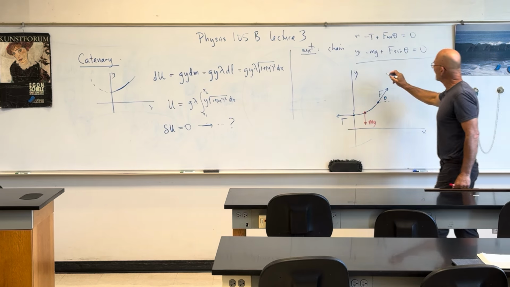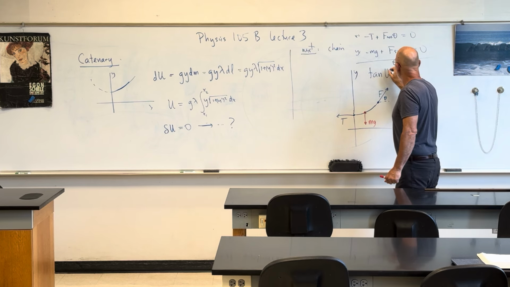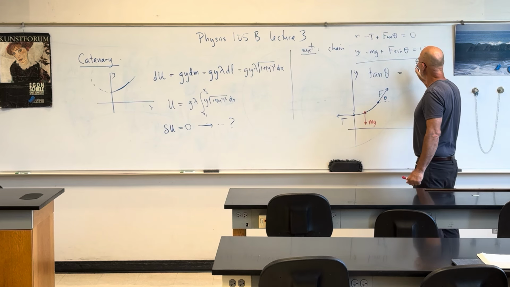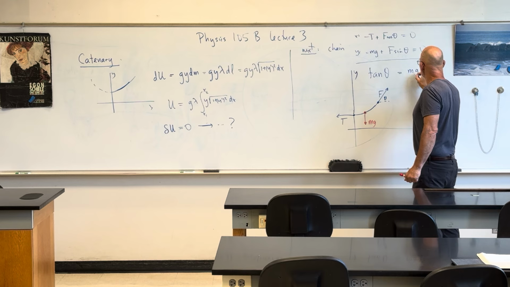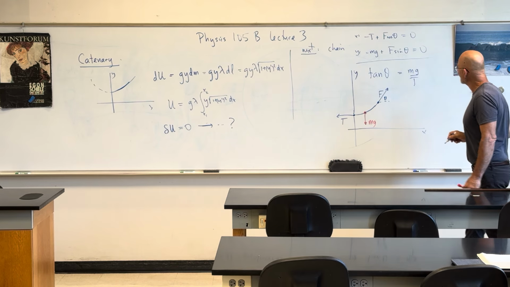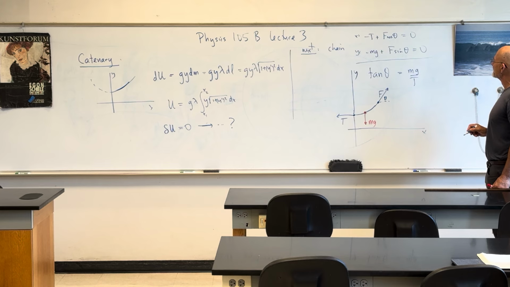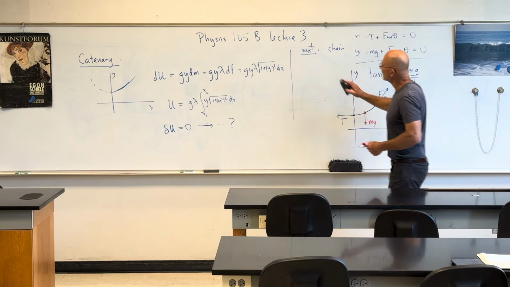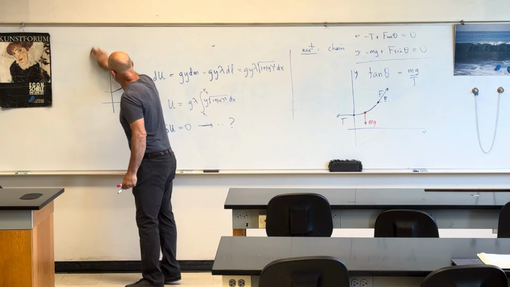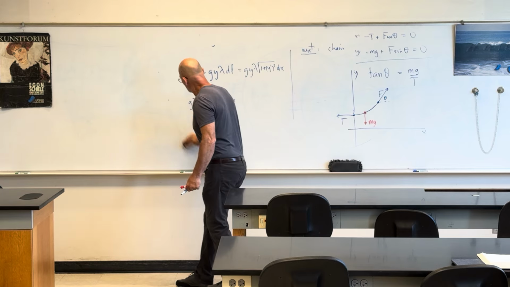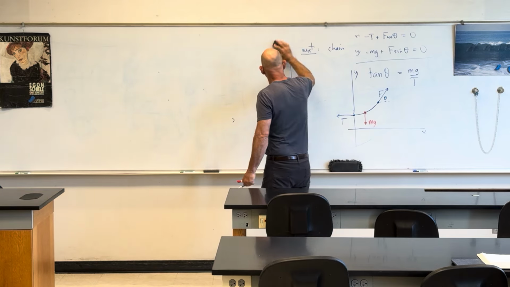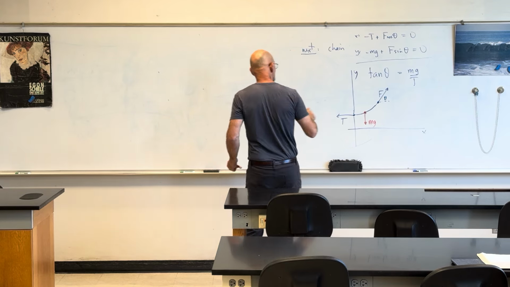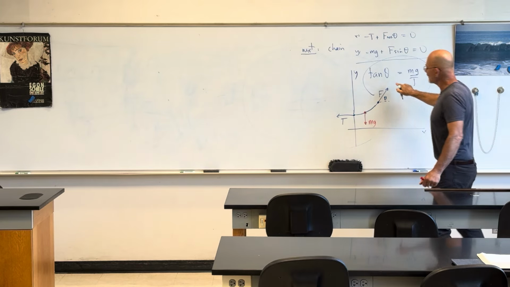And if we combine these two, if we divide this by that, we get tan theta equals mg divided by T. And that's what I'm going to work with. So I can make some more room over here. So far so good, right?